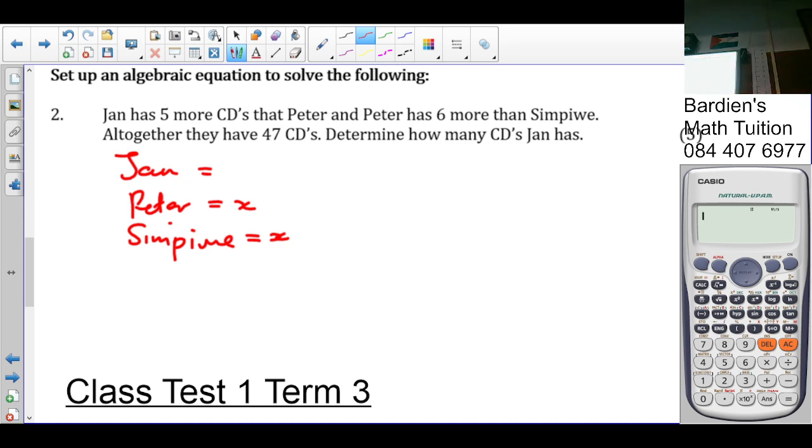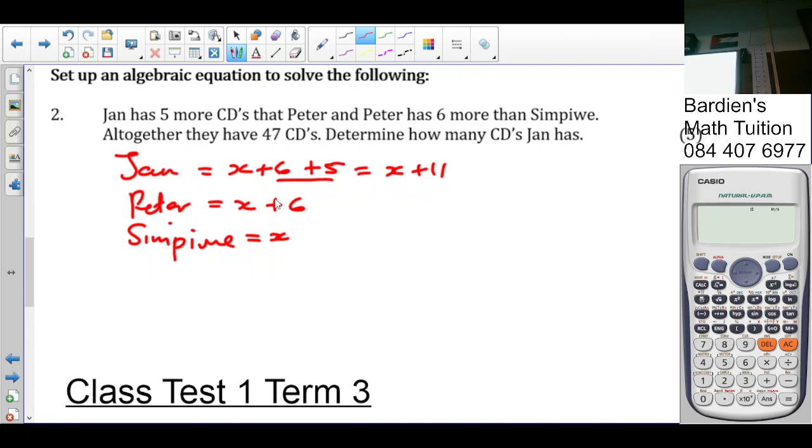Peter has 6 more than Simpiwe, and Jan has 5 more than Peter. So Peter has 6 plus x, and Jan has 5 more than him, so that is simply going to give us x plus 11. So Jan has x plus 11, Peter has x plus 6, and Simpiwe has x.